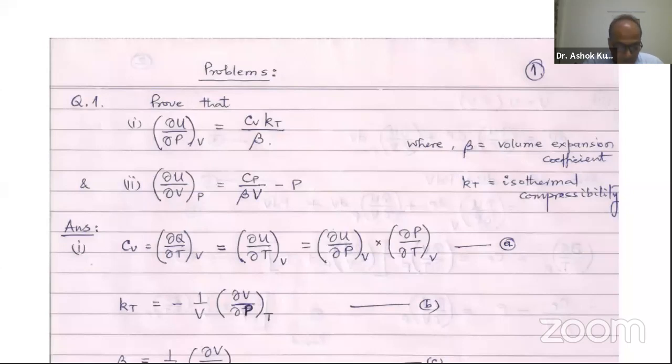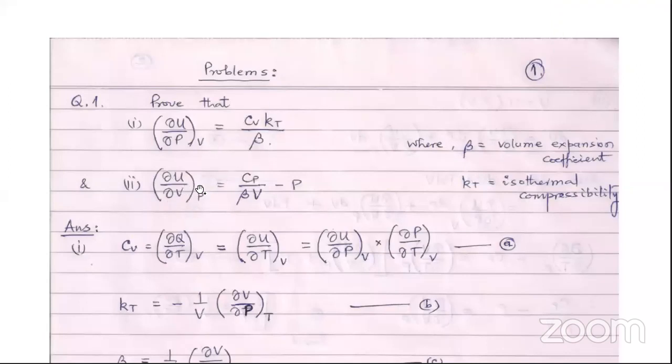Now, the first problem, let us see, which were asked in university exam also: prove that del u upon del p at constant v is equal to this relation.